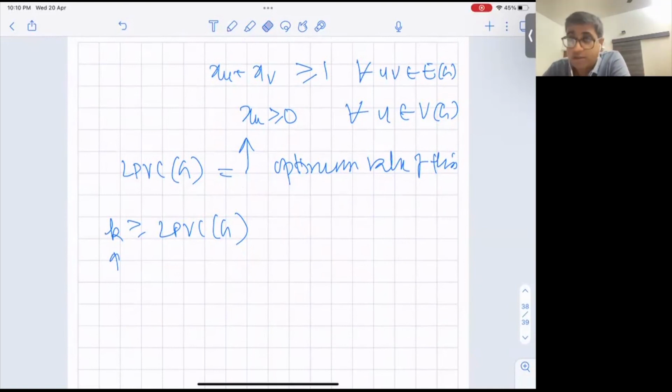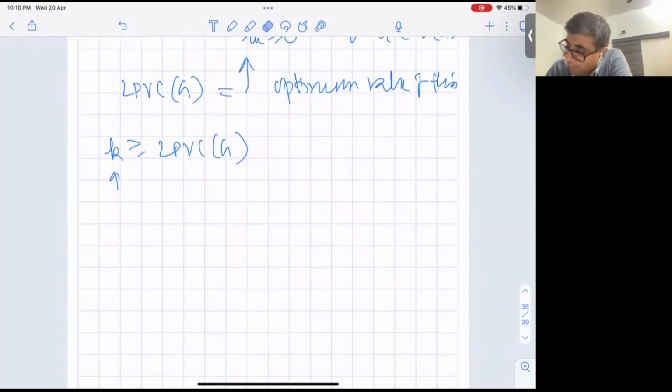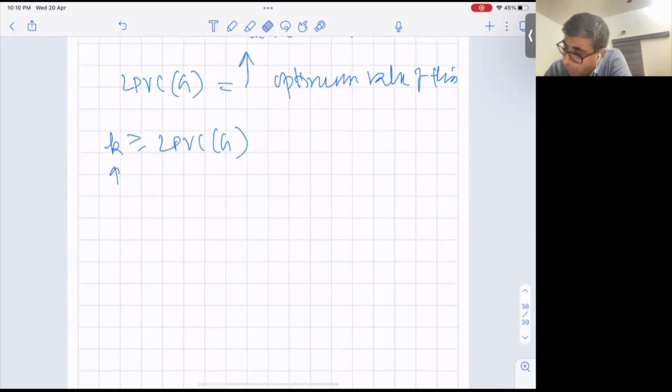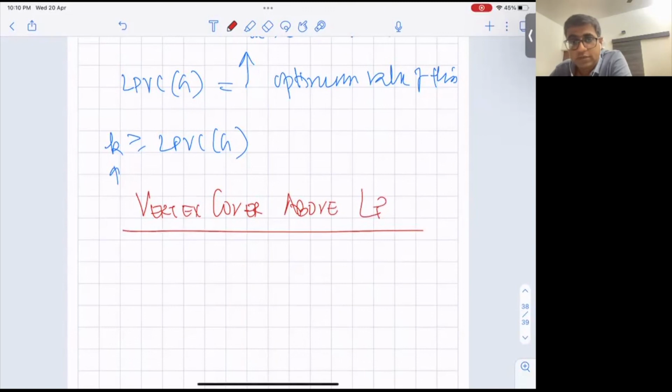So now we can have another question. We can say vertex cover above LP. What is the problem? The problem is all over again just like G and K, right?